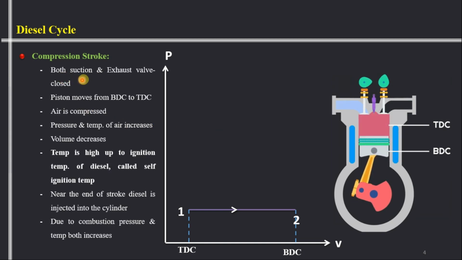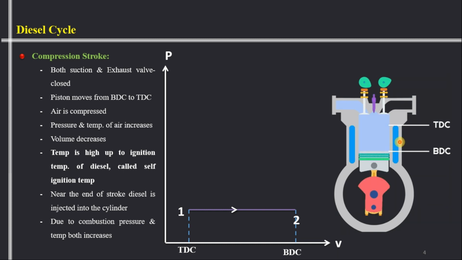Both suction and exhaust valves are closed. The piston moves from bottom to top. Air inside the cylinder is compressed, so pressure and temperature will increase, and the temperature of air is increased up to the self-ignition temperature of diesel. Now what is self-ignition temperature?